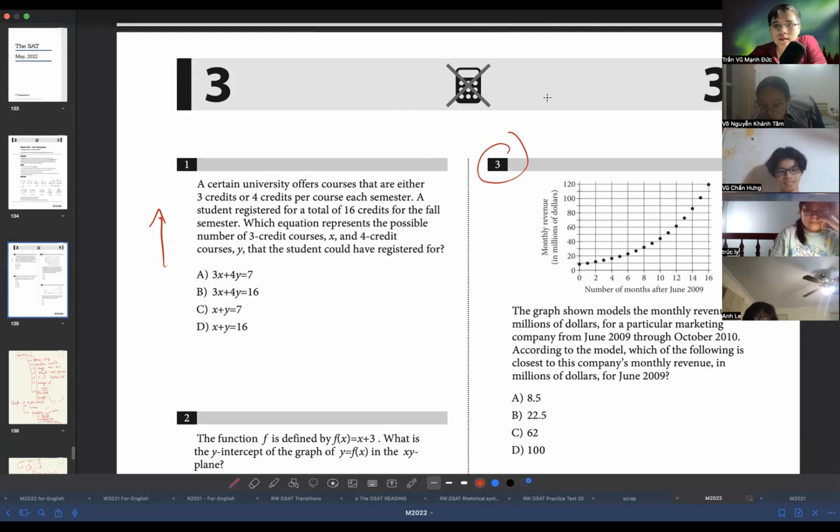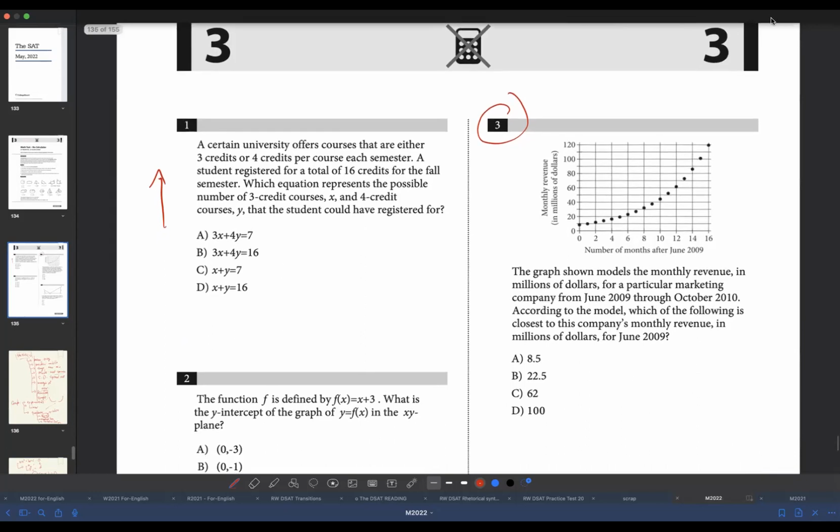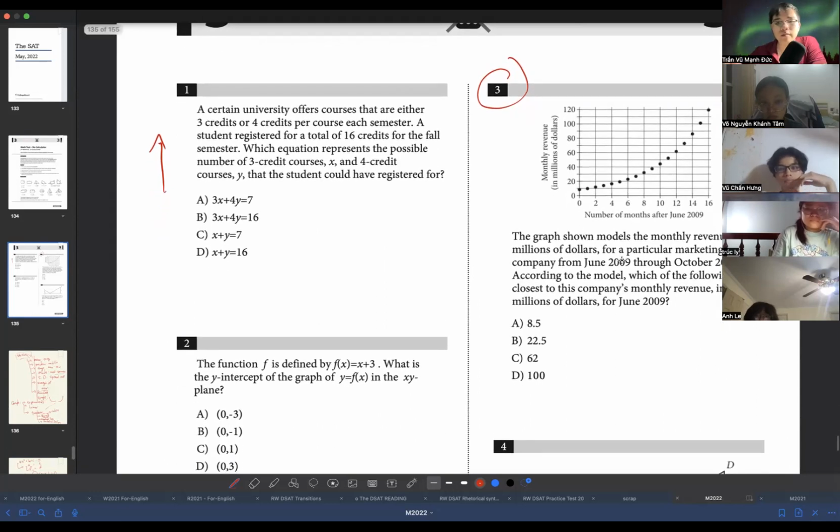Okay, so let's jump to our lesson because there is a lot to walk through. All right, firstly, the very first question in our case: according to the model, which of the following is closest to the monthly revenue in millions of dollars for June 2009?